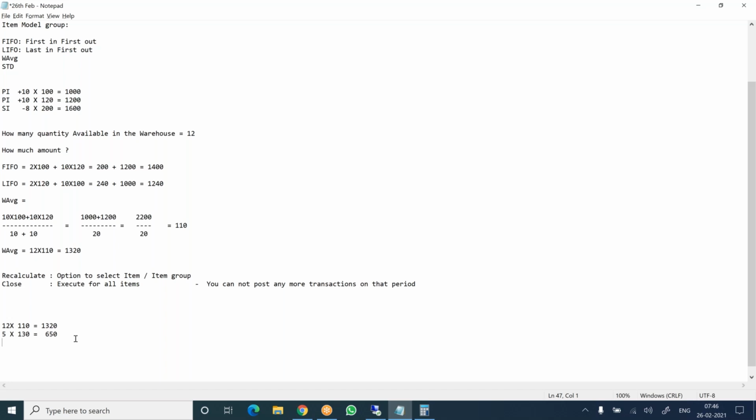Why it is required: particularly in the retail industry, you will find some 30,000, 40,000 items. Every day huge transactions will be posted. In that case, it is complex for the system to run this process. So this inventory closing process may take 3 hours, 4 hours, even 10 hours.